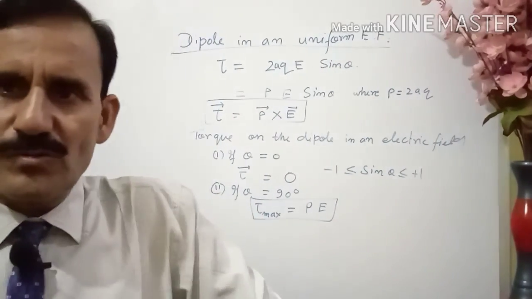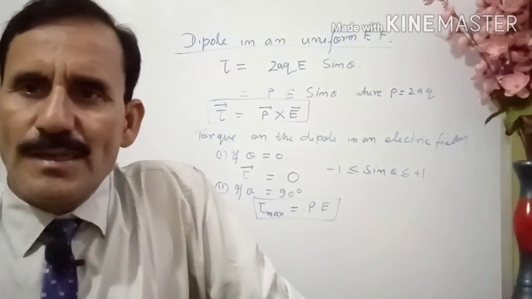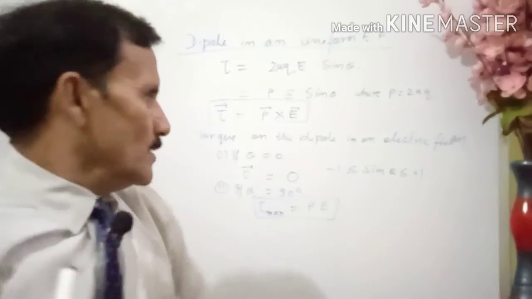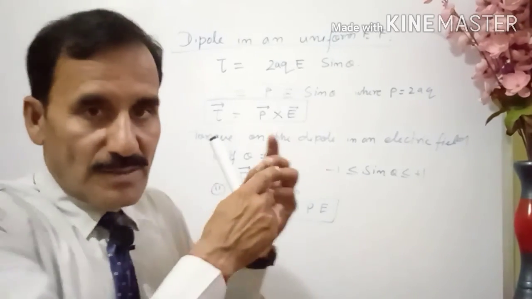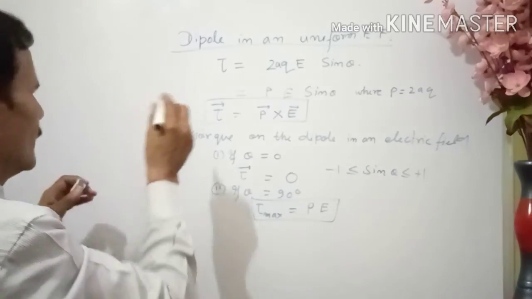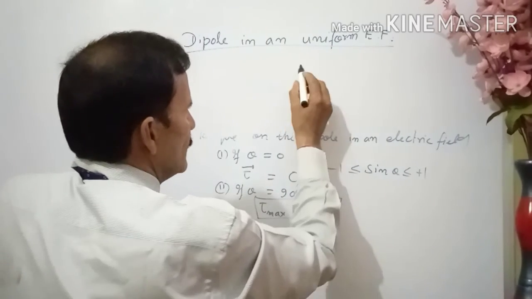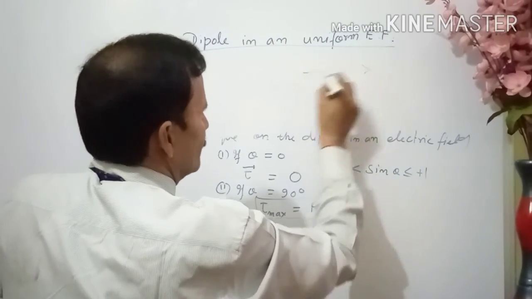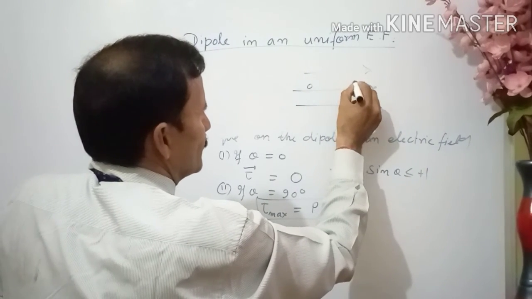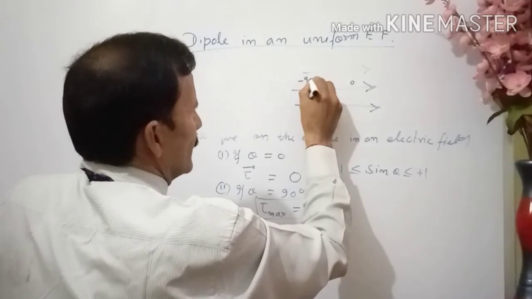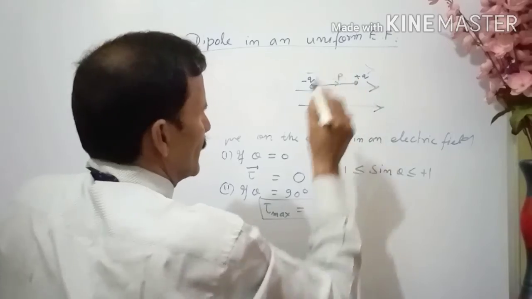The minimum tau is 0, and it happens only when the dipole is in the direction of the electric field. Take the concept of direction. Suppose this is the electric field direction, this is minus q and this is plus q, so p is in the same direction.